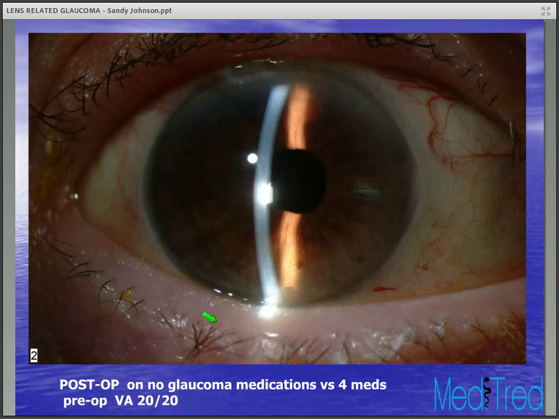And she went from maximum medicines, including Diamox, to 20/20 vision and a nice deep chamber once that lens was removed. And you can see here one of her iridotomies from prior. So she was an eye prone to angle closure because she had iridotomies twice, who developed a kind of a phacomorphic angle closure on top of that.